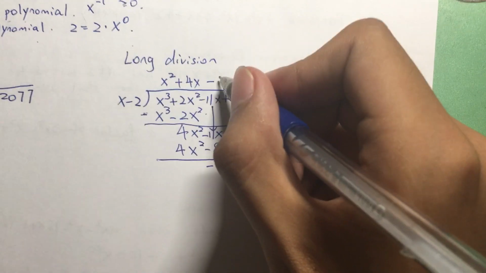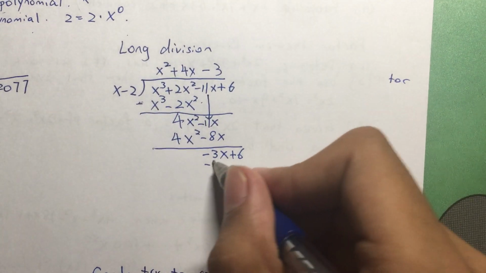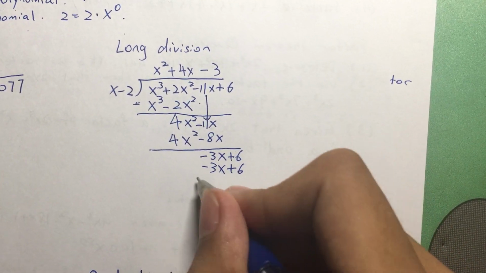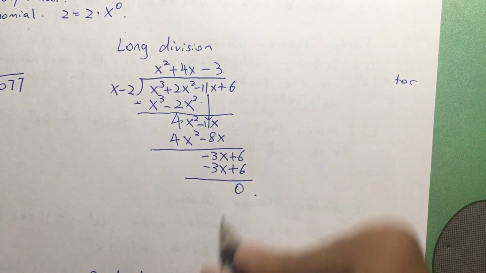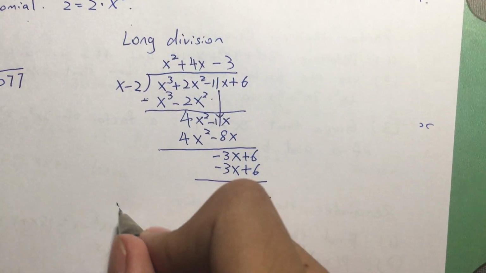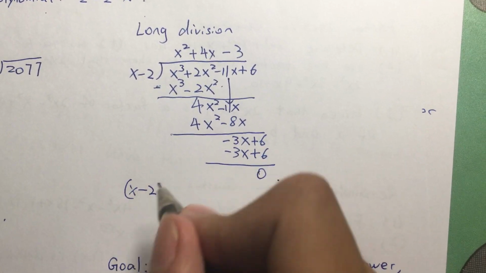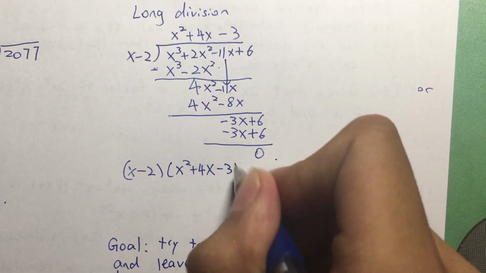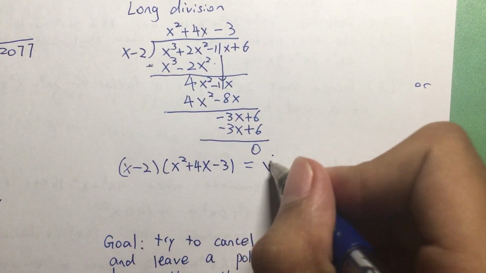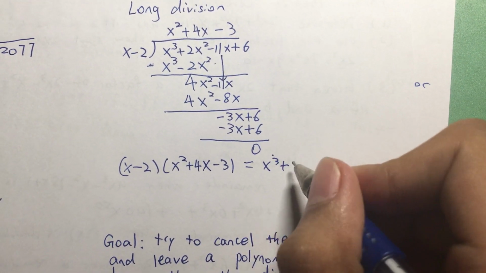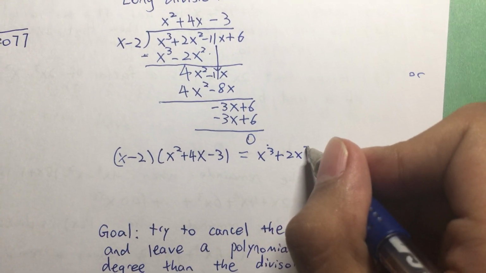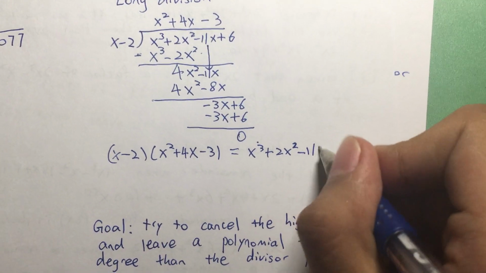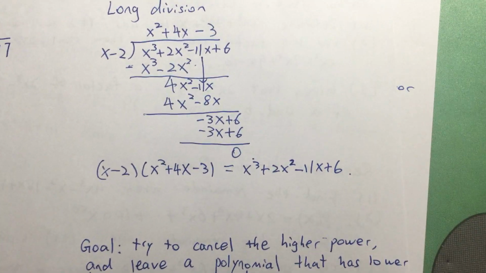And here we just do minus 3, and we get minus 3x plus 6, which is equal to 0. And that means x minus 2 times x squared plus 4x minus 3 equals x to the power of 3 plus 2x squared minus 11x plus 6.